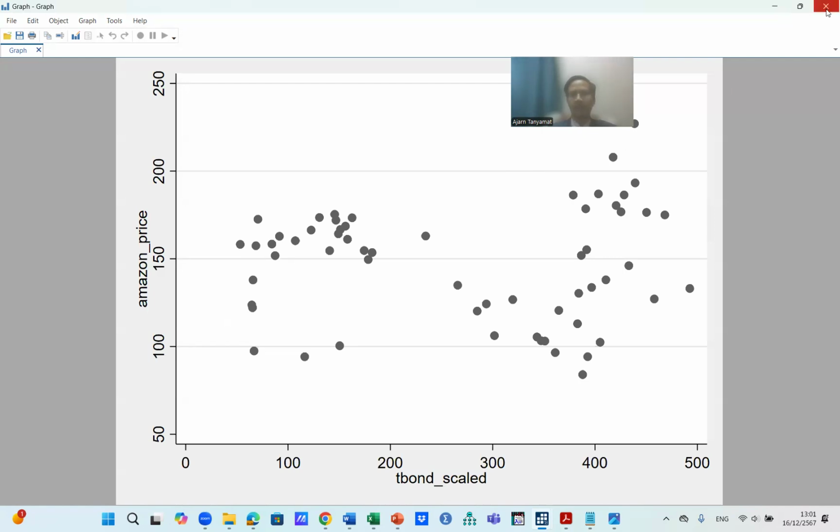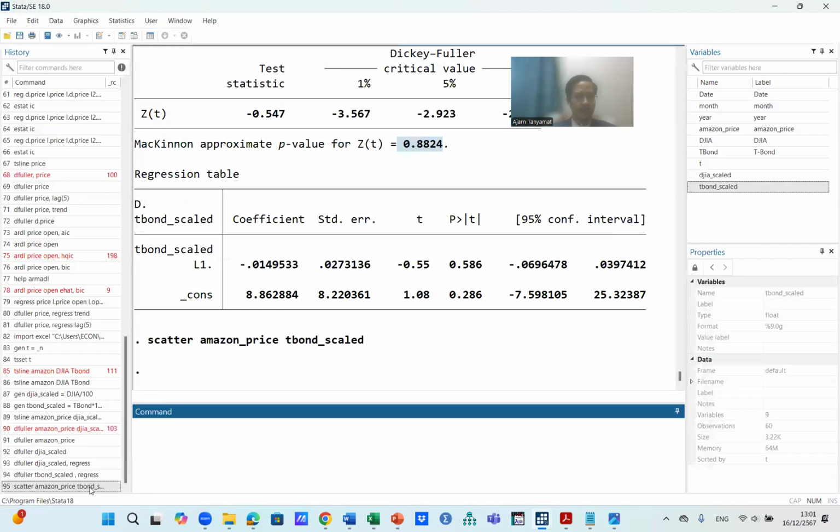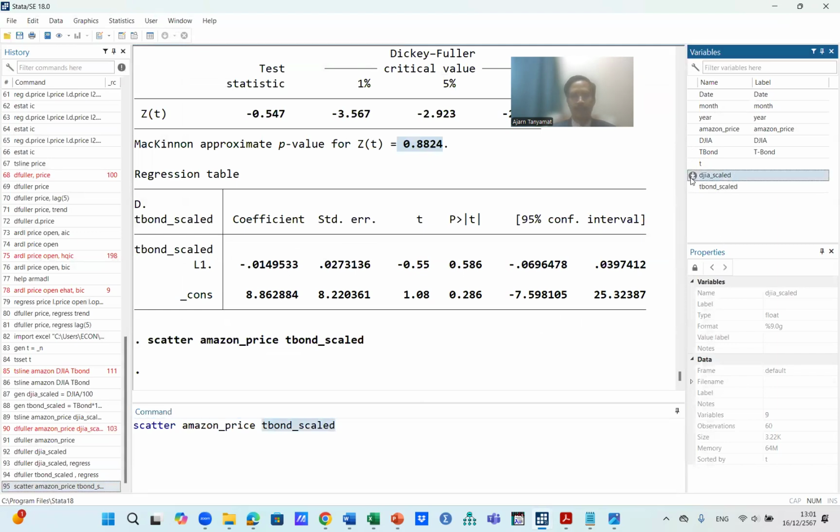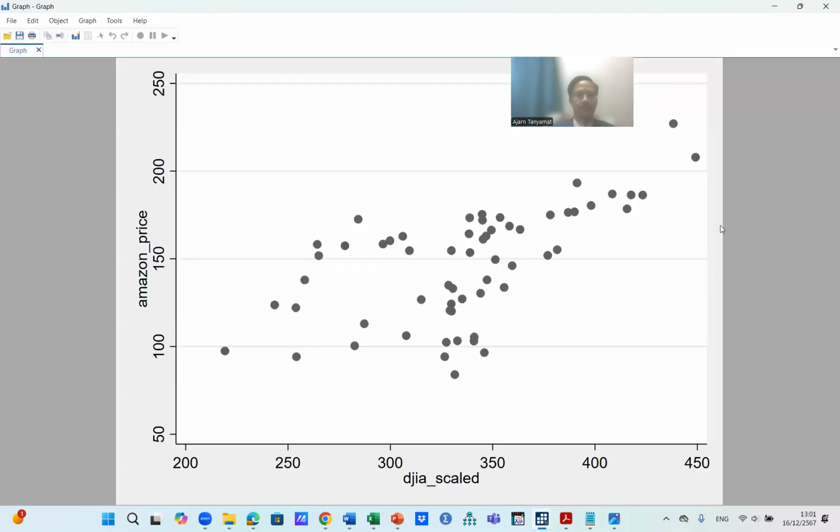Okay. So let me show you Amazon price as well as the DJIA. Clear upward. Now, the positive correlation here could be spurious because as you can see, both of them are experiencing an upward trend.